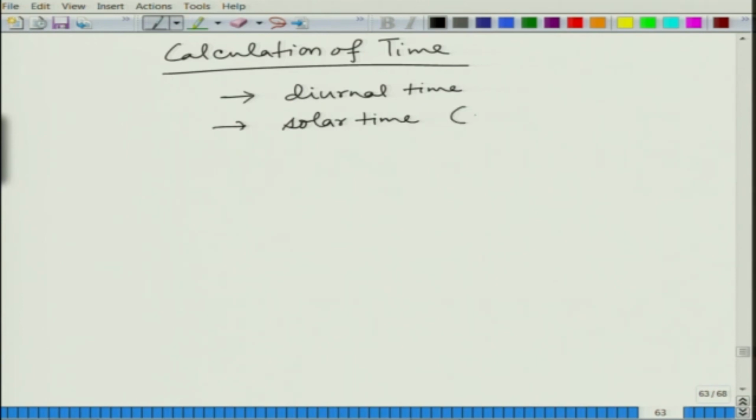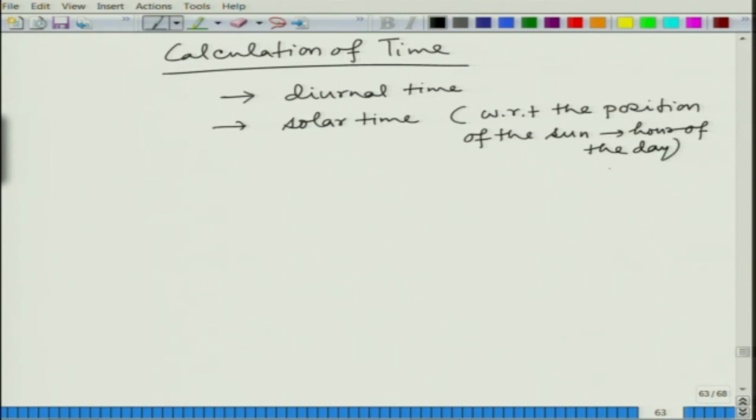So, with respect to the position of the sun, you can find what hour of the day. Okay. So, that is what people did, and what were the fixed points for those solar times?